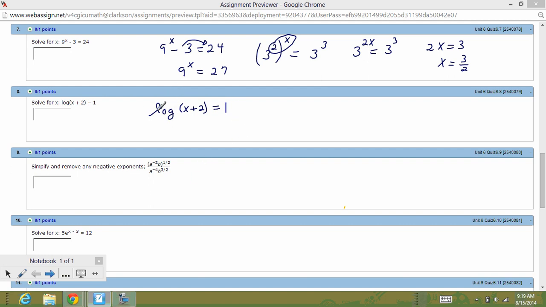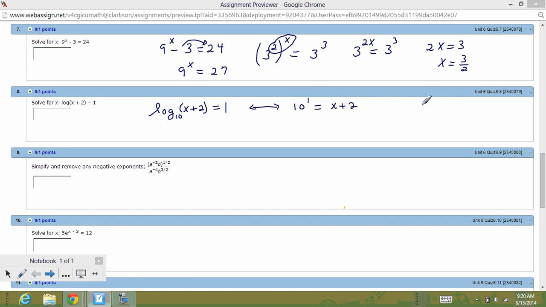So from there, you need to understand this syntax. And this refers to an understood base of 10. And so what this is saying is 10 to the first power is equal to x plus 2. So we're converting from the log form to the exponent form, right?